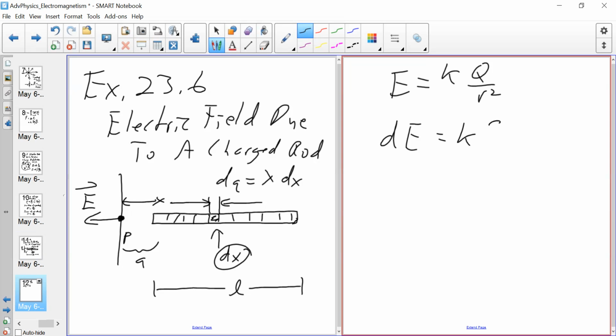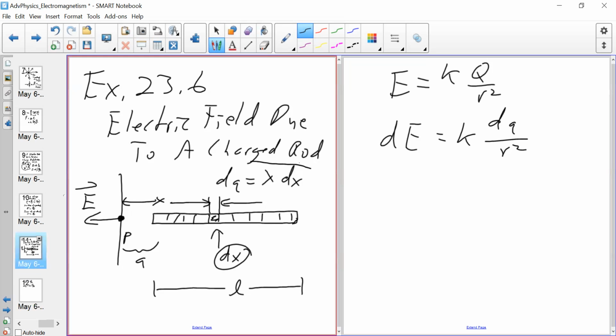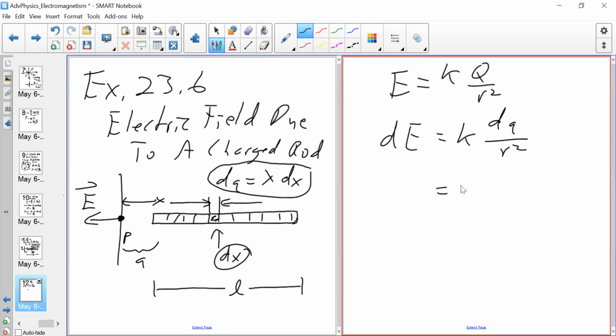K dQ over R squared. And we already know that dQ is lambda dx. And okay, well, R squared, be careful about that. This R is going to go along the x-axis. Why do we choose that?